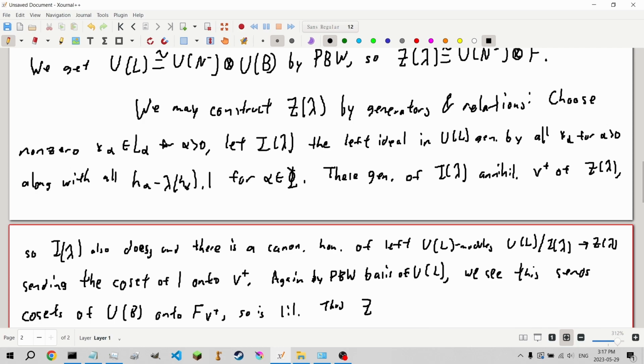Thus, our Z lambda is actually isomorphic to UL over this ideal.